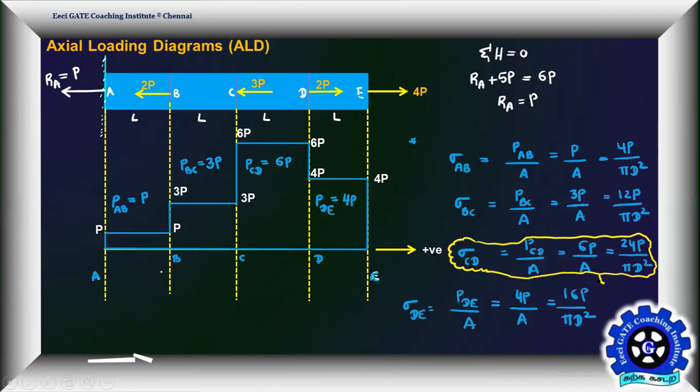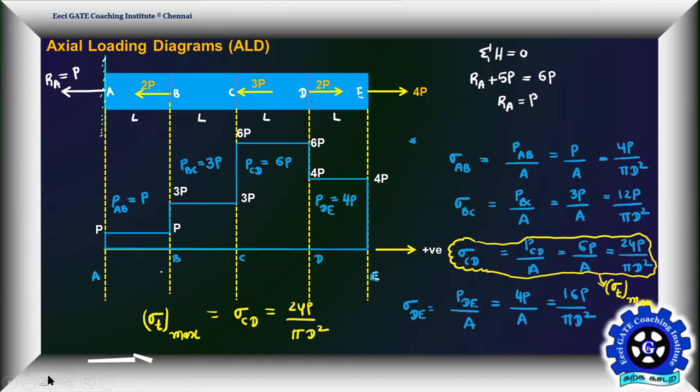So this is nothing but sigma T maximum, the maximum tensile stress in the member. Sigma T maximum is sigma CD, that equals 24P by pi d square.